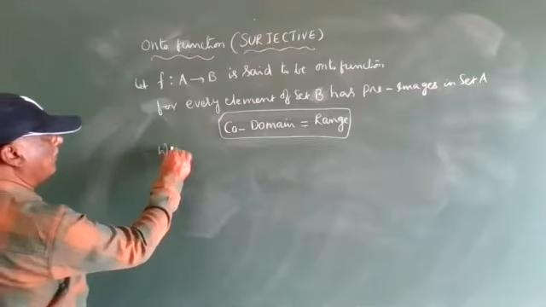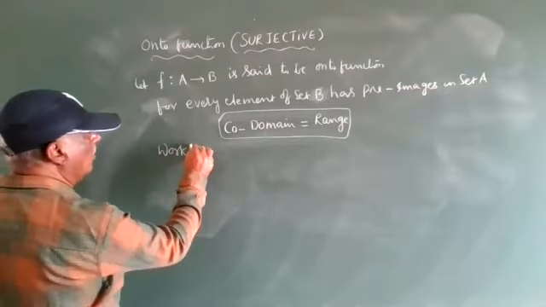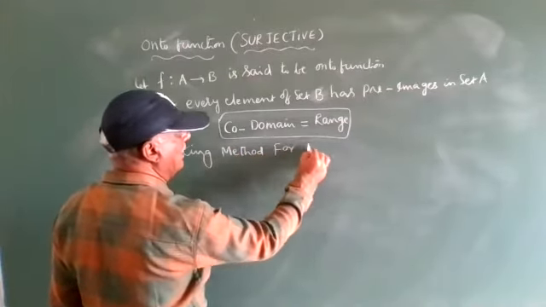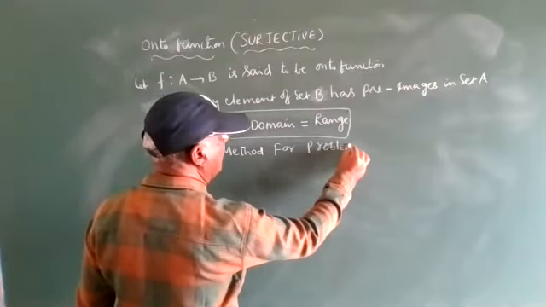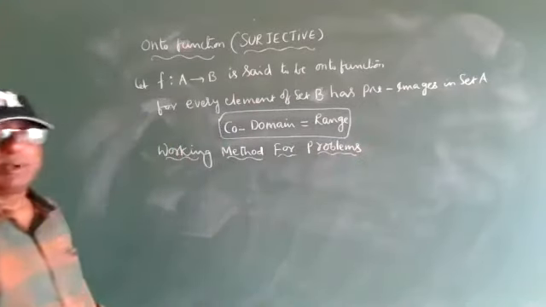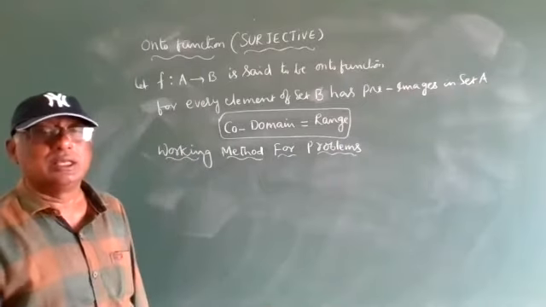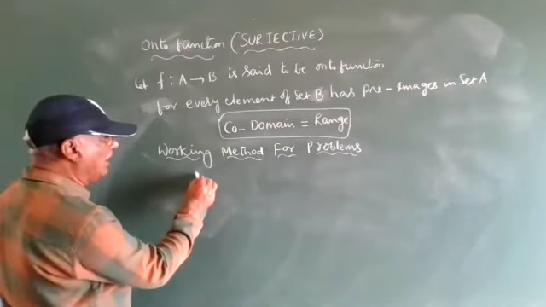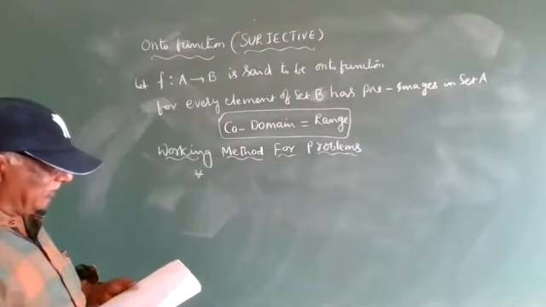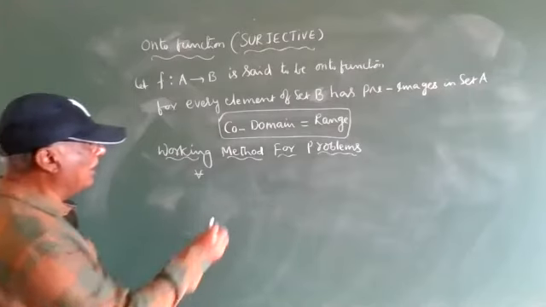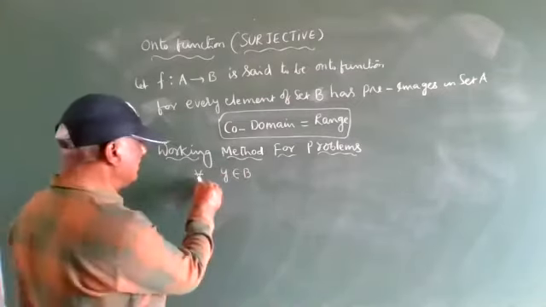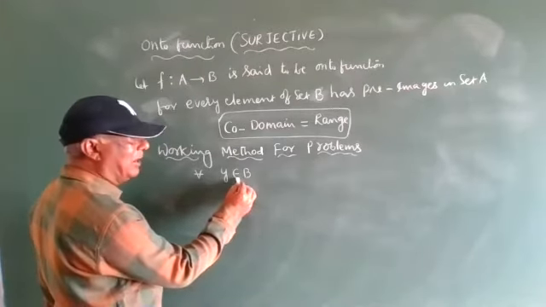So, the working method for problems. Everyone observe. First, for all y belonging to set B, such that, this is the symbol of for all, this is the symbol of belongs to.